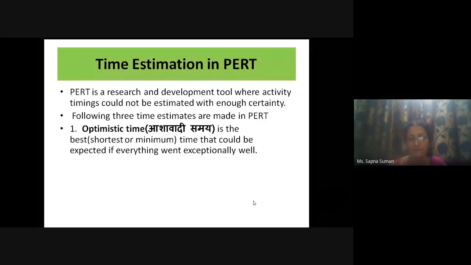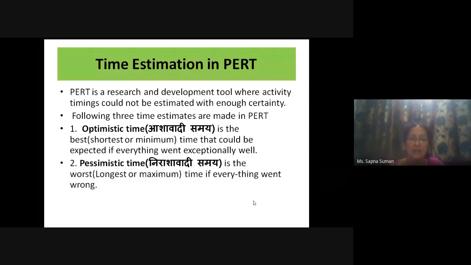The second term is just opposite to this. The second term is pessimistic time, nirashawadi samay. Suppose for example if something goes wrong, suddenly some problem comes, and because of which the project is delayed. So what will be the longest or the maximum time for the project to complete?